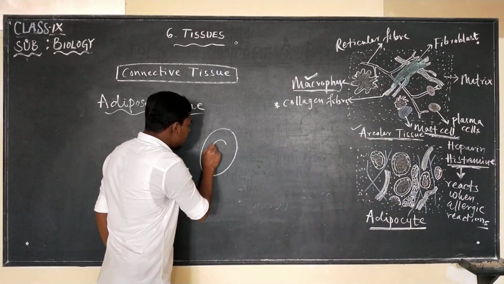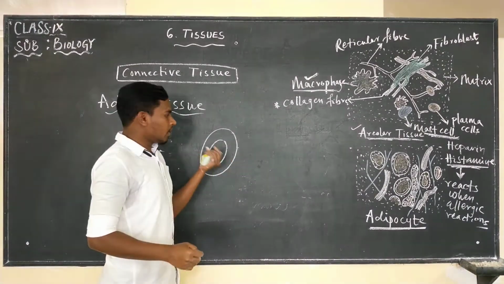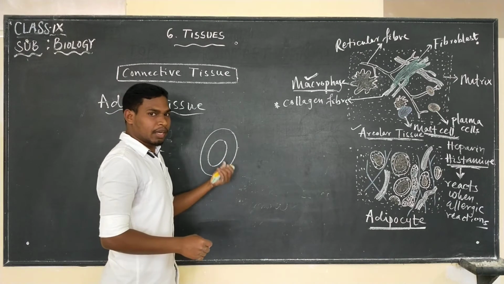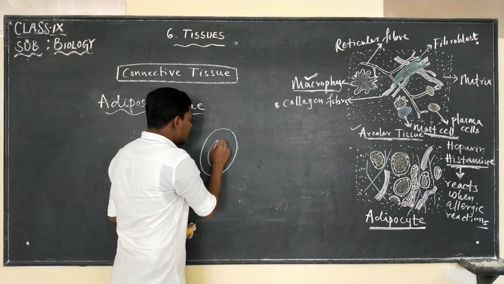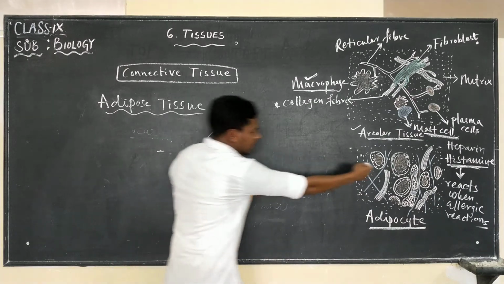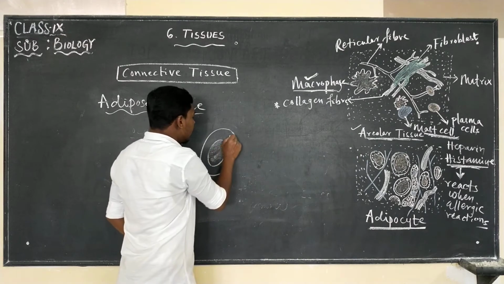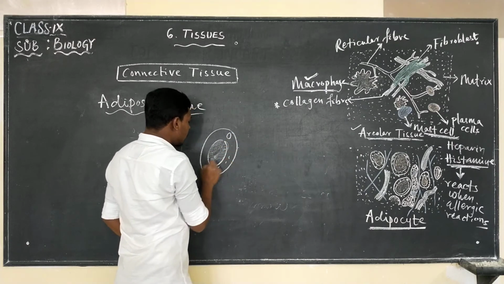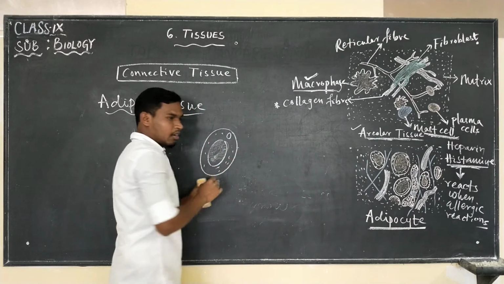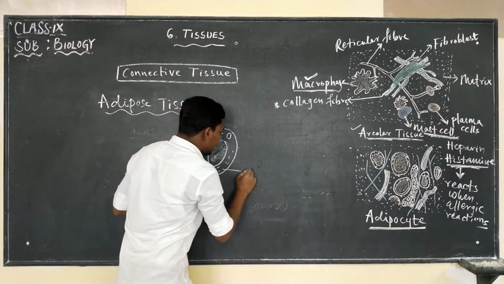And in these large cells, the center is occupied by fat droplets. That is why it has more space at the center, and the nucleus and cytoplasmic content are pushed to the peripheral side.